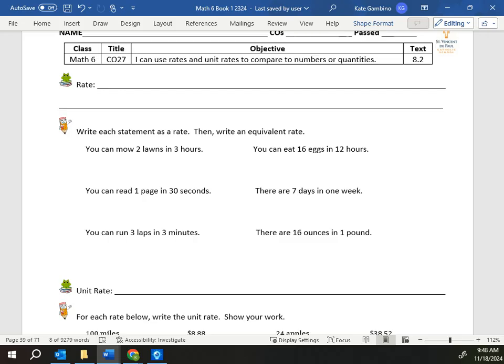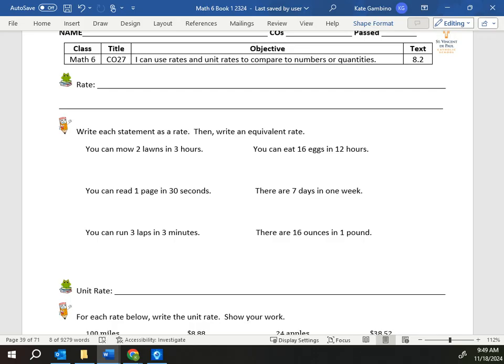And remember, when it's rates, you're just multiplying by the same number. If it is a unit rate, what must be on the bottom to be a unit rate?